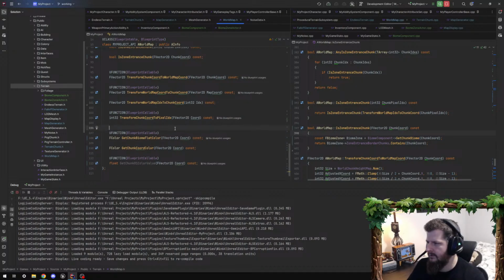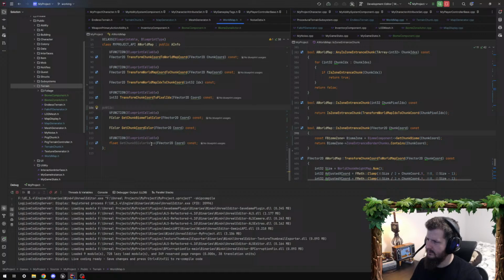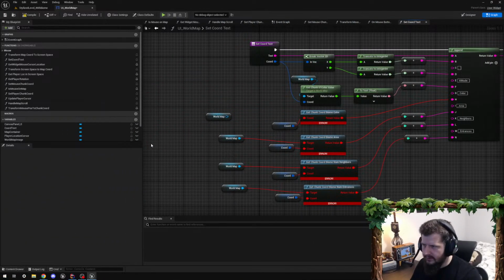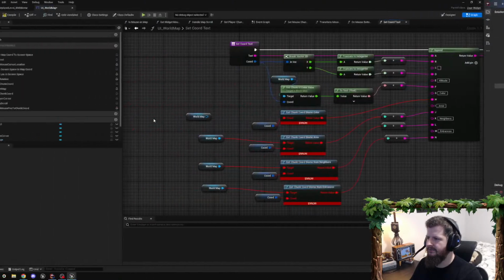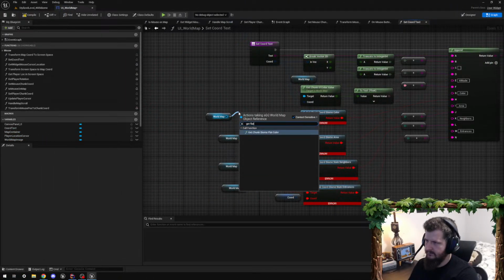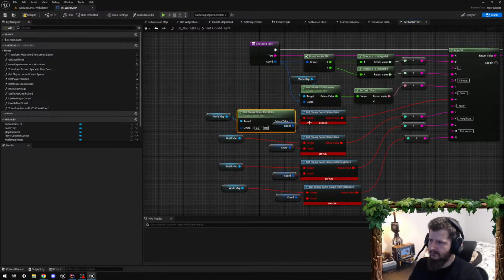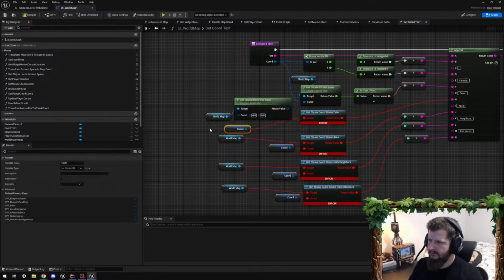Get chunk plat. Okay, so these all need to be public. Wait, they are. What's wrong here? Get chunk coordinate biome color. Oh no, I changed it to flat color. Aha.